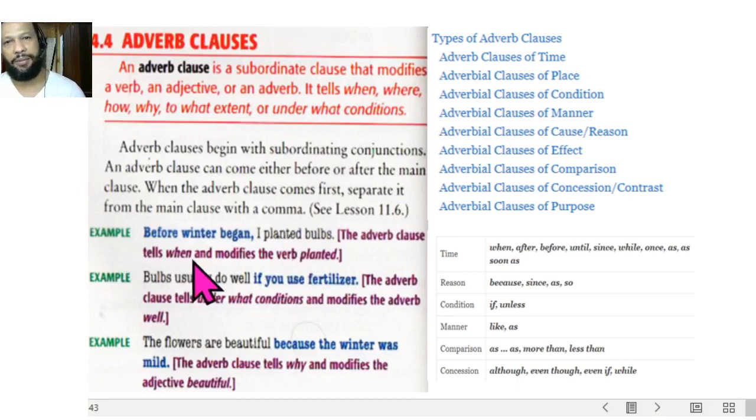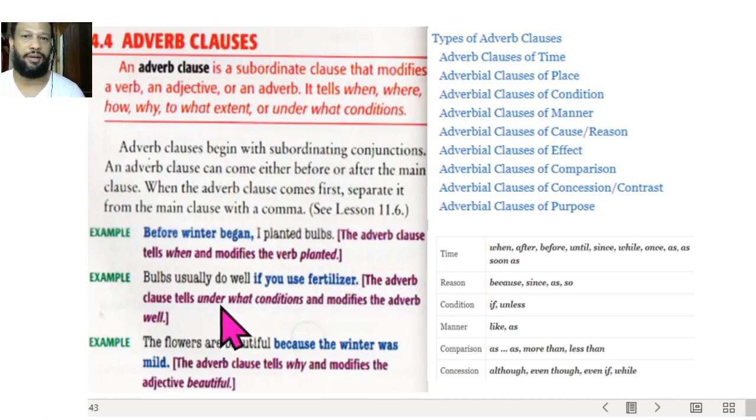Let's see some examples. Before winter began, I planted bulbs. The adverb clause is at the beginning, okay, and is affecting the verb planted. Before winter began, I planted bulbs. Second, bulbs usually do well if you use fertilizer.